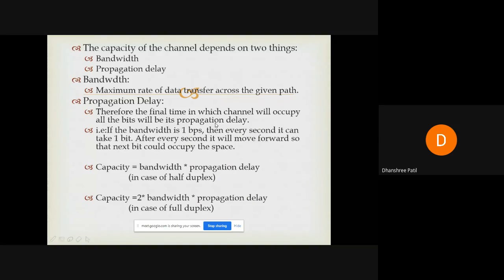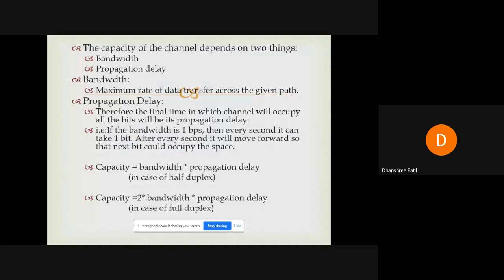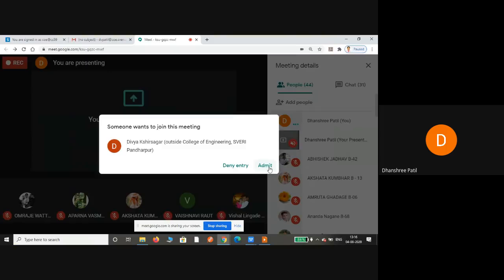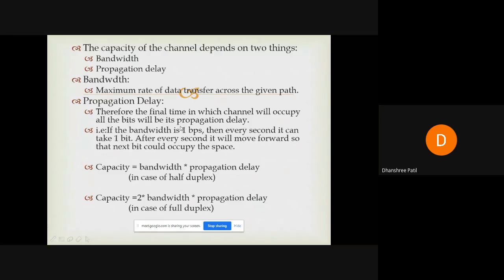Final time means considering all the times. For example, if the signal is jammed or takes some extra time to reach back to the sender, whatever total time is required for the bit to reach its final destination, considering all that time, is called the propagation delay.